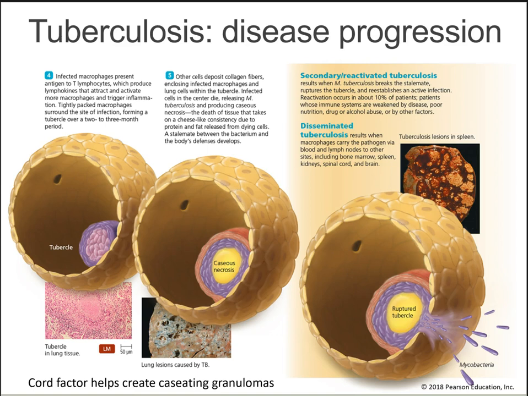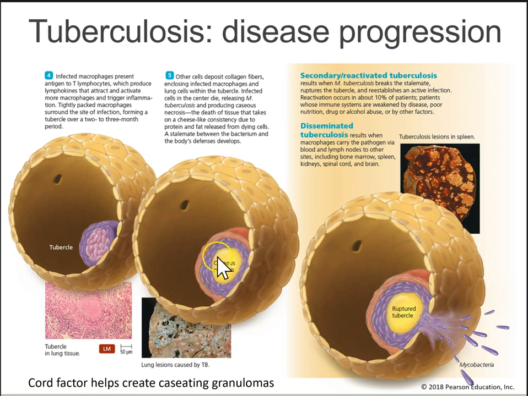And as they're replicating, they're killing the macrophages, recruiting more macrophages and T cells, and you have these nice tubercles formed. Other cells deposit collagen fibers, enclosing infected macrophages and lung cells within the tubercle. Infected cells in the center die, releasing Mycobacterium tuberculosis and producing caseous necrosis.